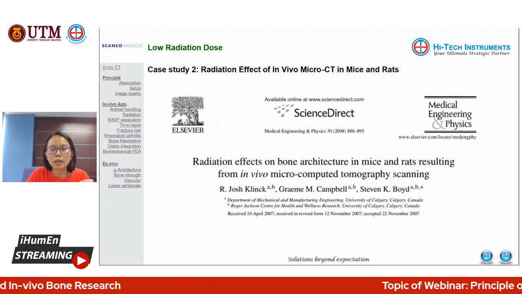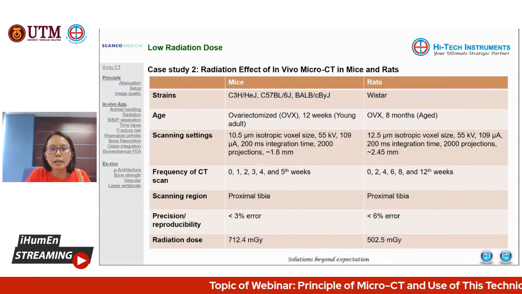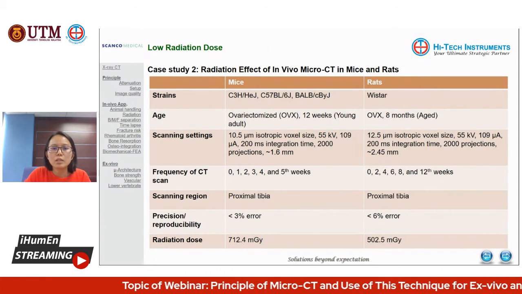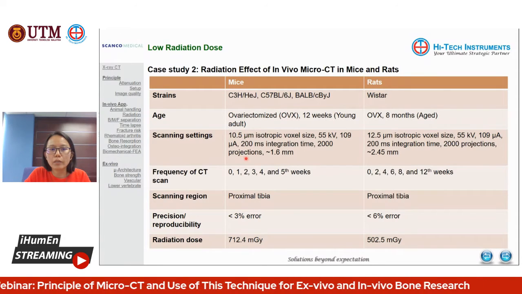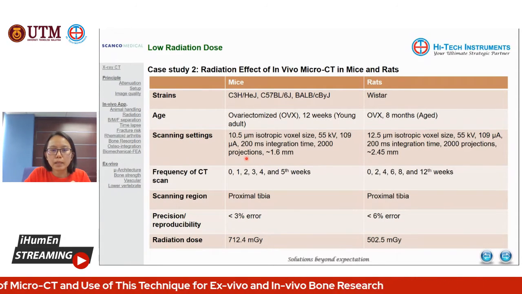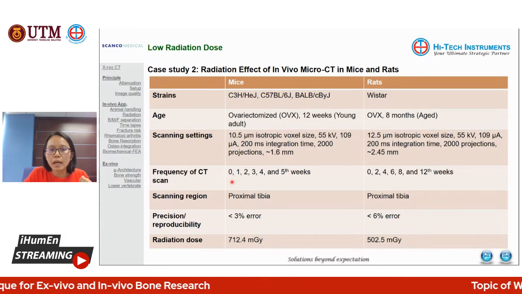Okay, this is another case study as well. For this case, they are looking at both mice and rats. Both animals were OVX, which means ovariectomized, with the ovaries removed surgically, and they were scanned 6 times.